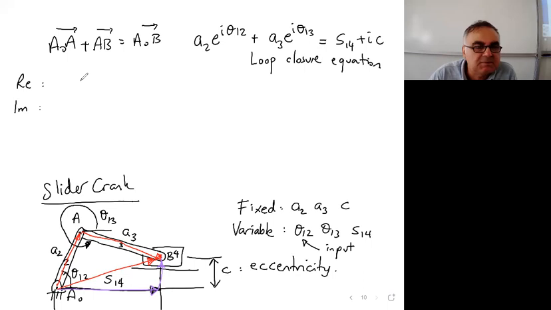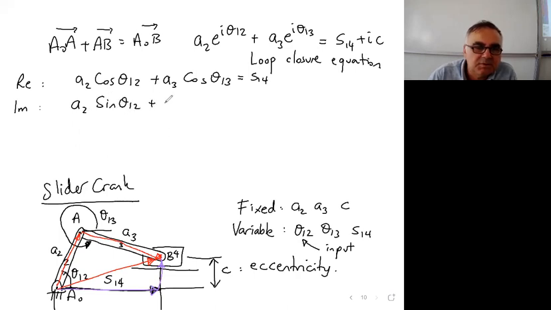Real part is A2 cosine theta 1, 2 plus A3 cosine theta 1, 3 equals S14, and the imaginary part is A2 sine theta 1, 2 plus A3 sine theta 1, 3 equals C.